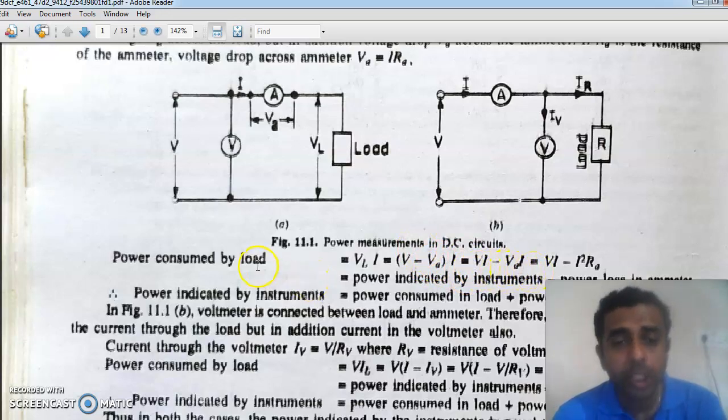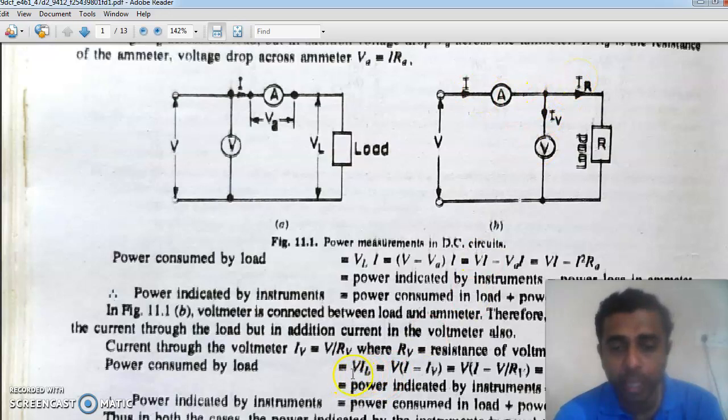So the power consumed by the load is nothing but the total power indicated by the measuring instruments, that is voltmeter reading into ammeter reading, minus the loss inside the ammeter. Likewise, if we have the voltmeter close to the load terminal, the same thing happens. Here the total current we are measuring, I, gets divided into IV and IL.